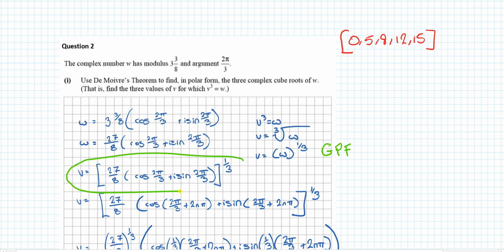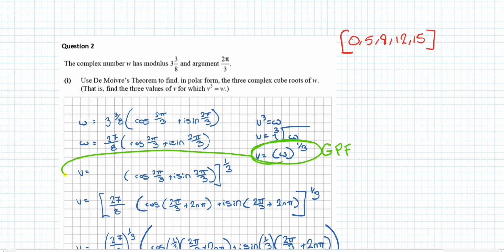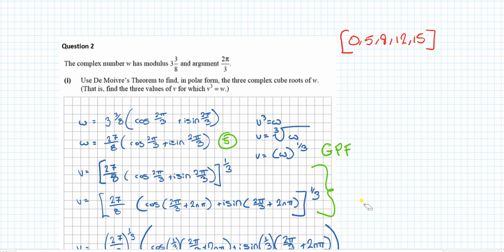So yes, you're putting it to the power of a third. And if you do either this or this, you're looking at 9 marks, 27/8. So one of those two circles, you're looking for 9 marks. So I'm saying 5 here, 9 here.